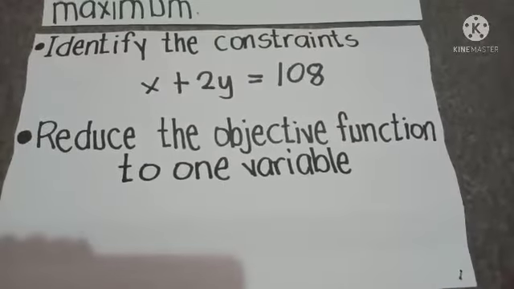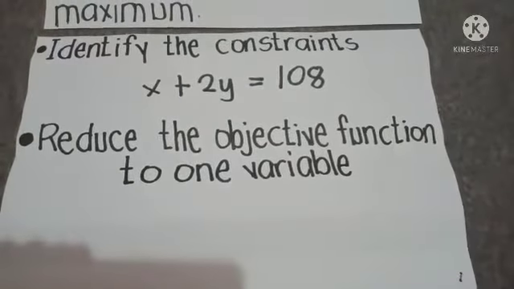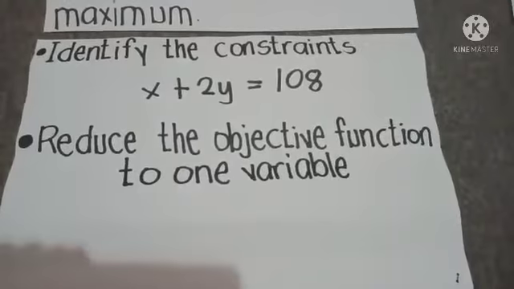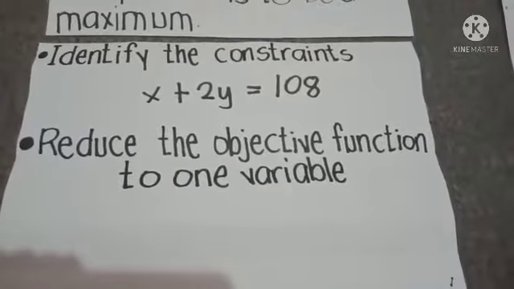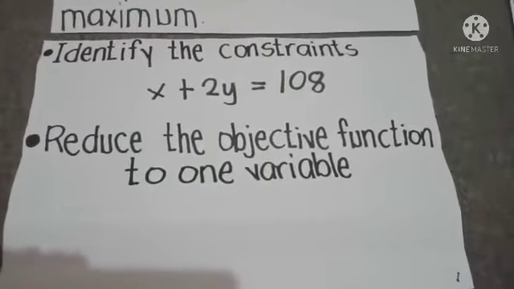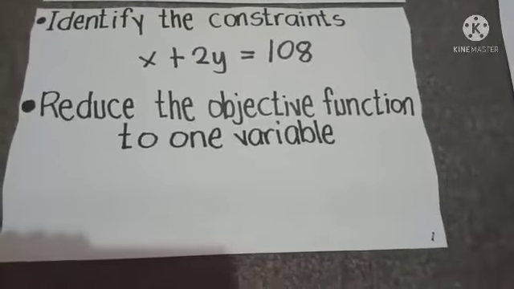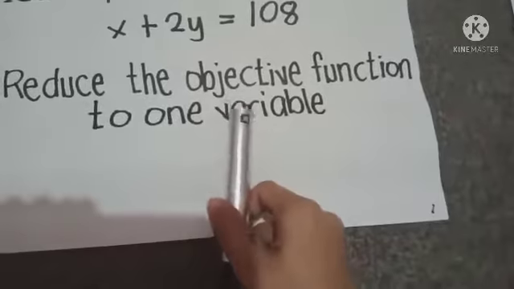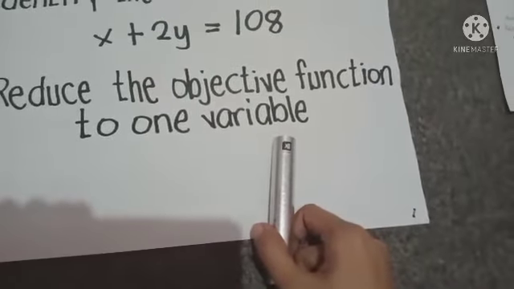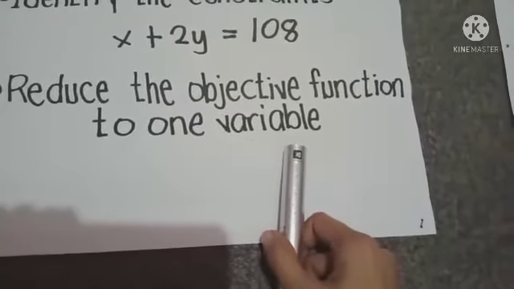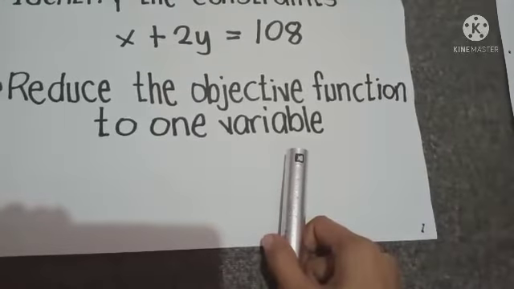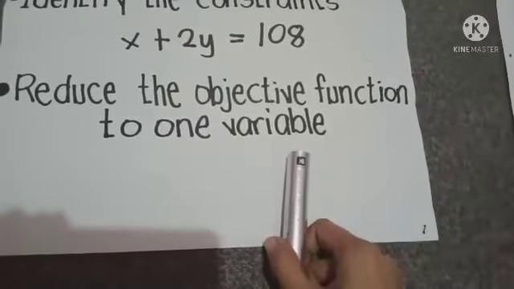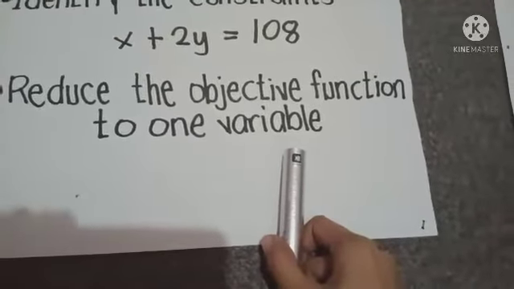Since we have now the two functions, which are the constraints and the objective function, we can now already reduce the objective function to one variable. The objective function is p equals x times y, right?